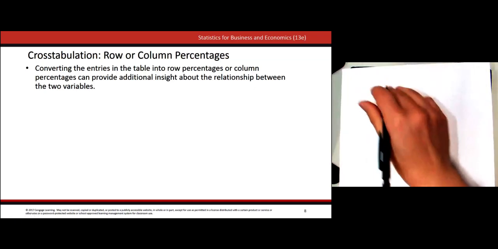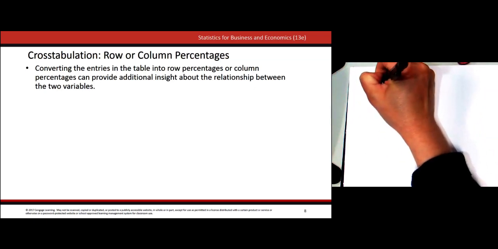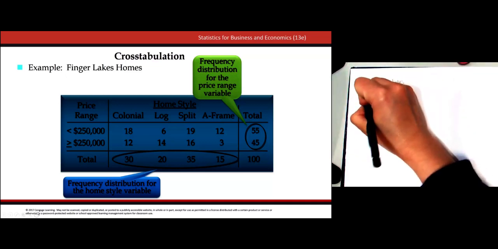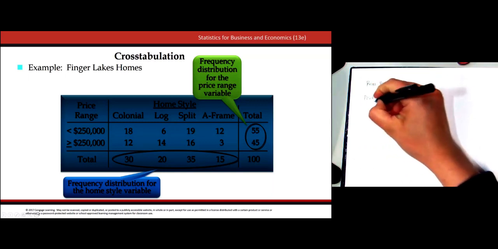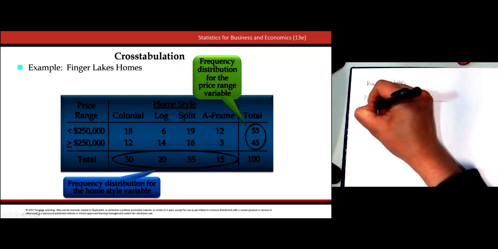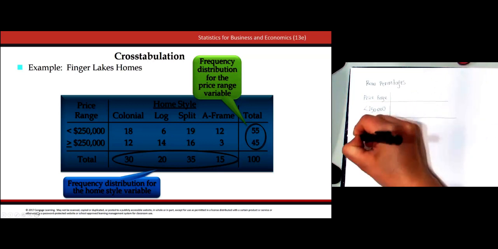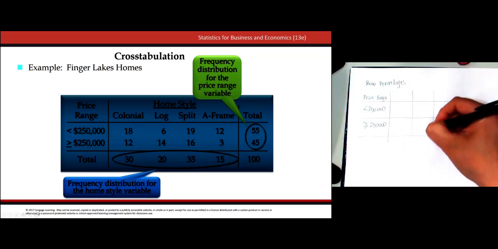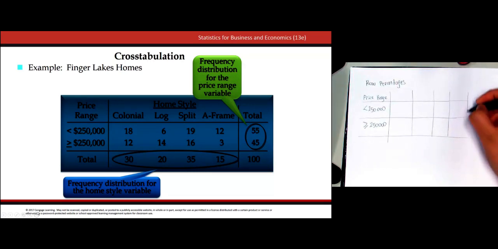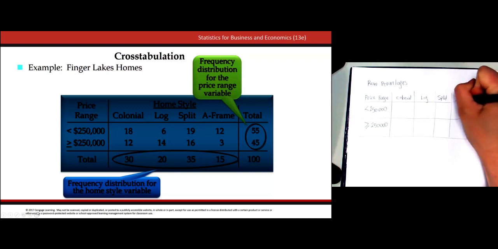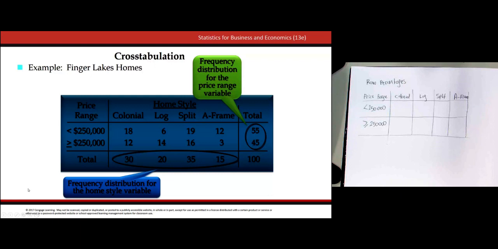Now, how do we obtain the row percentages? For this example, we have a total of 30 colonial homes, 18 out of 30 less than $250,000.